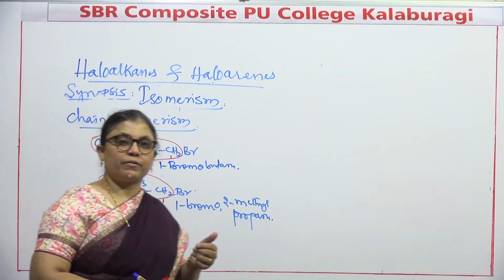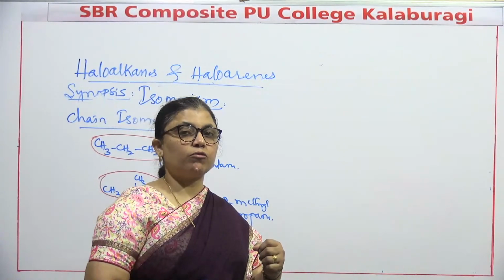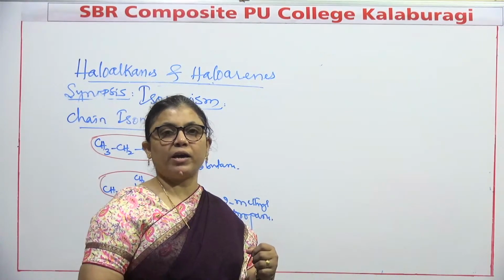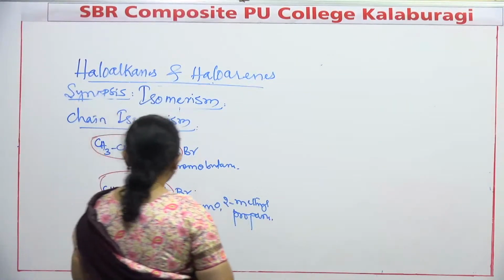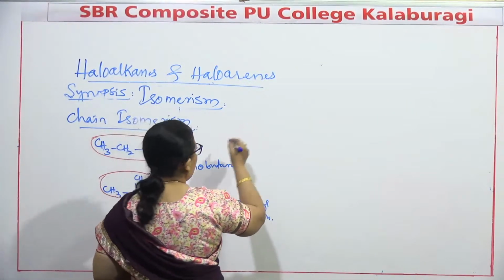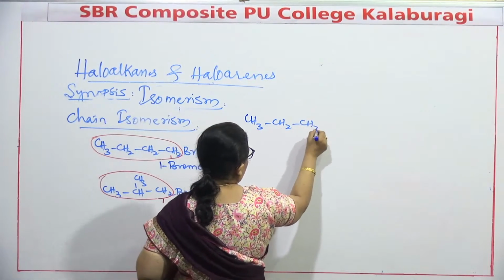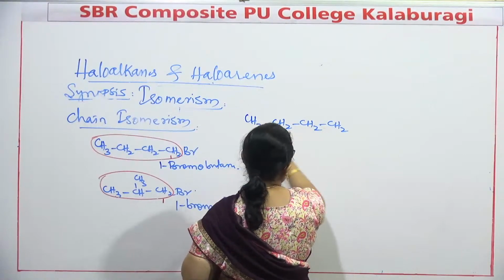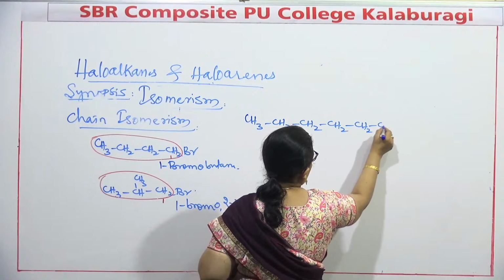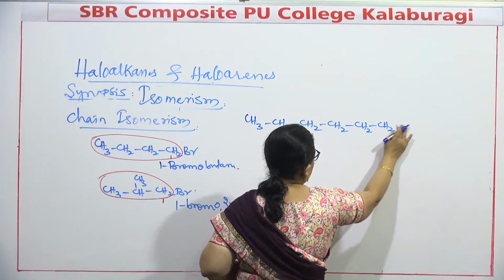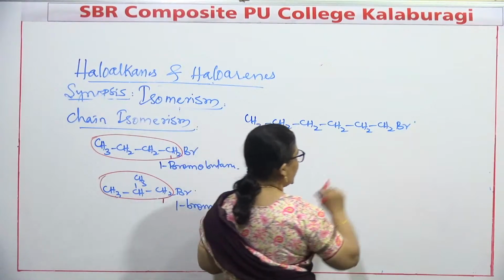According to the common system, a 5 carbon atom chain is called amyl, not according to the IUPAC system. For chain isomers, if we take CH3, CH2, CH2, CH2, CH2, with carbons 1, 2, 3, 4, 5, 6 and Br, that is carbon number 1.